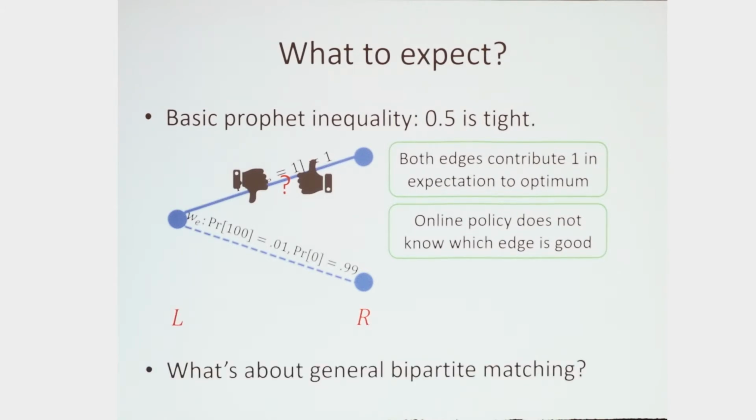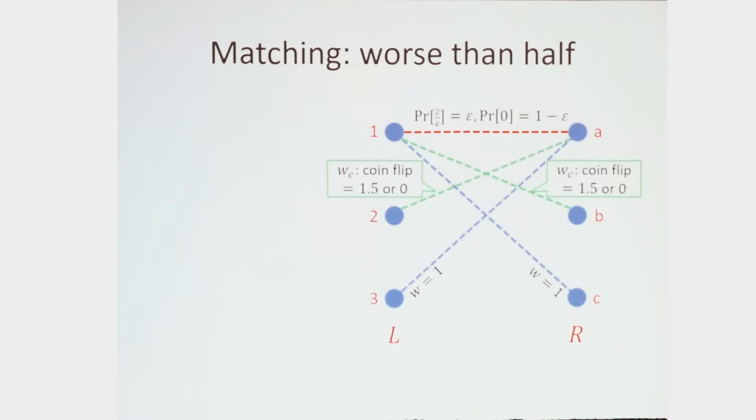So the question is, what should we expect for bipartite matching in general? It turns out that the setting is more difficult, and there is a pretty simple instance to show that you cannot do better than, well, actually, the lower bound is worse than half, so we cannot achieve 2 approximation to the profit.